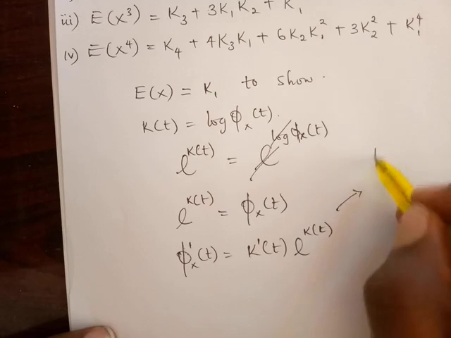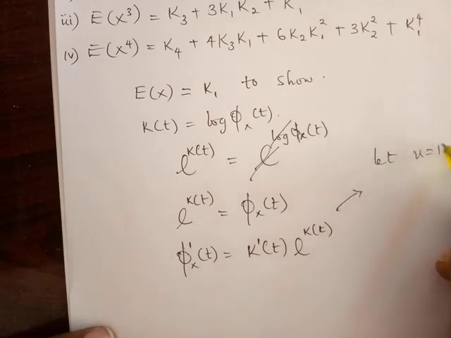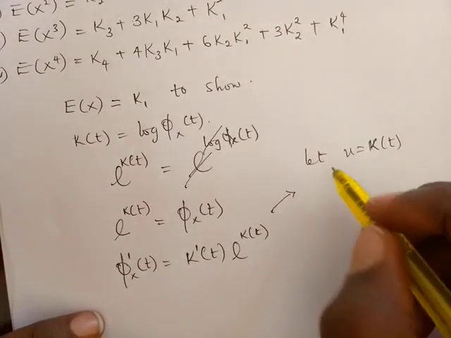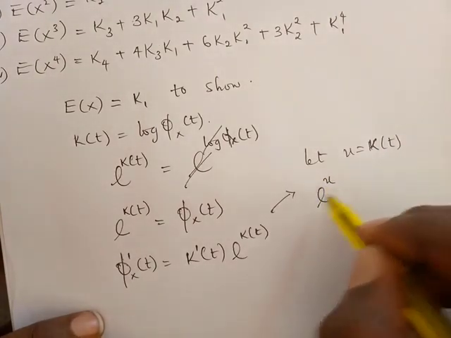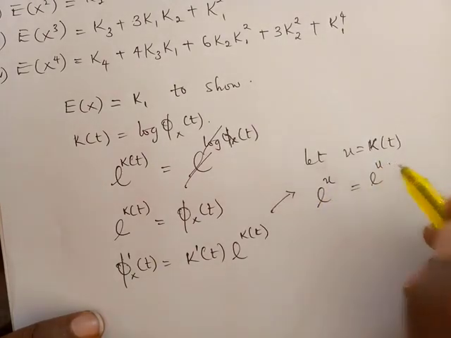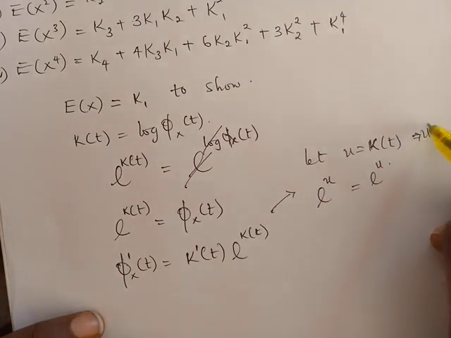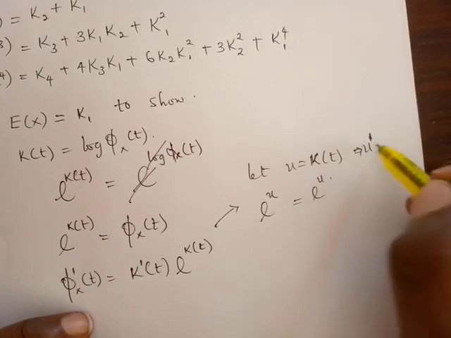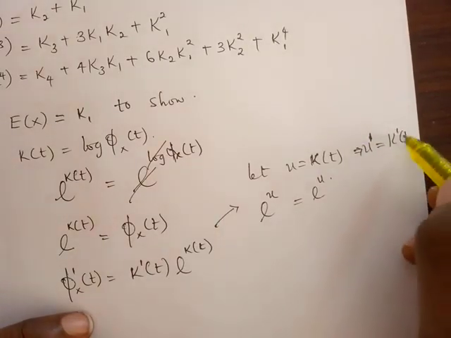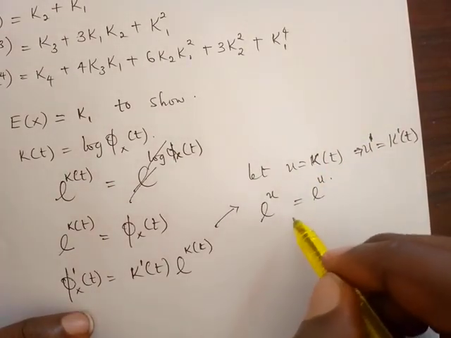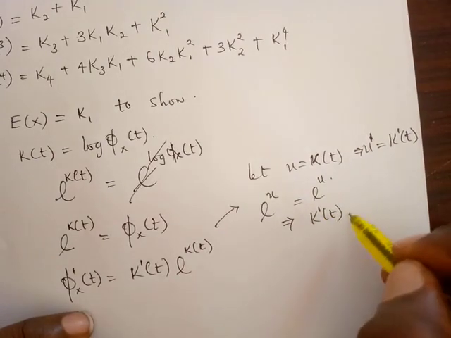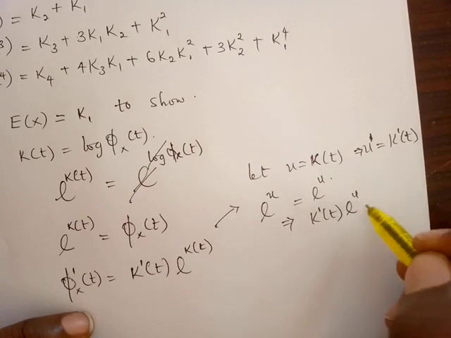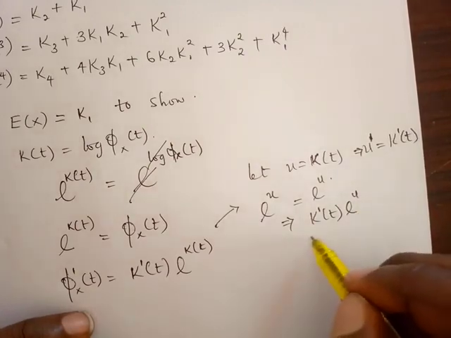Let u equal K(t). Now we have exponential raised to the power of u. If I differentiate this, I will have exponential raised to the power of u, and differentiating u, I'll have K prime(t). So when you multiply both together, we'll be having K prime(t) exponential raised to the power of u. But u is K(t), so finally we'll be having this.